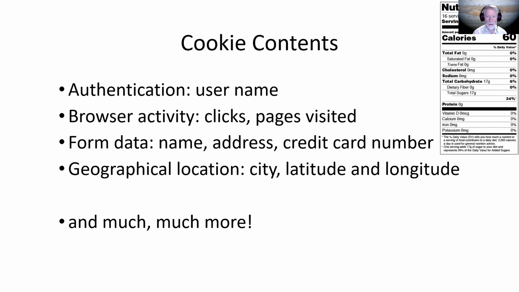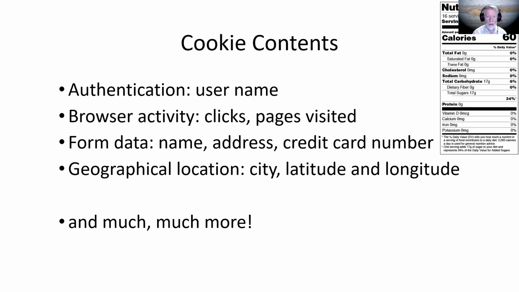Now, what can you put in the cookie? You can put all sorts of things in the cookie. Often the cookie is simply a large number, often a hexadecimal. And then when the server receives that large number back, it uses it as a key to find the information it wants. But it can put lots more information in the cookie. We'll cover this in more detail later, but you can put the user's name, what the user's been doing, what pages they visited, where they've been clicking.